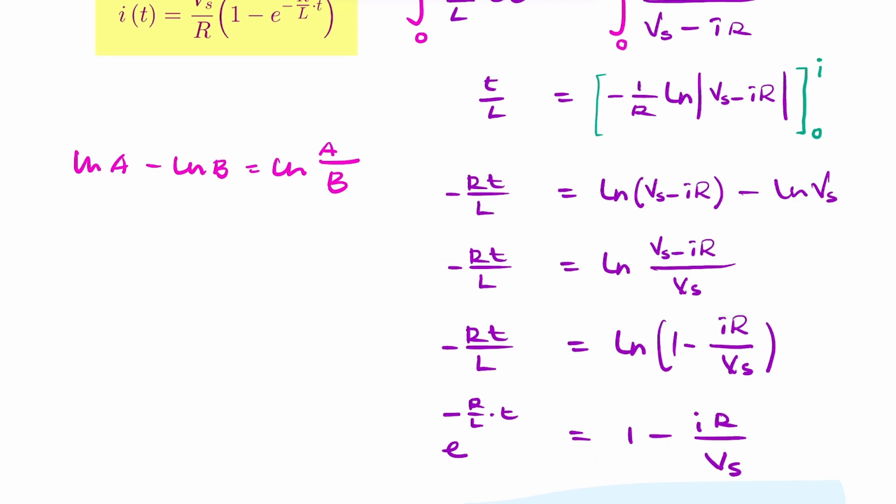Now, remember, what we're trying to do is to find I, so a little bit of manipulation is needed. So the first thing I'd want to do is maybe simplify this fraction.